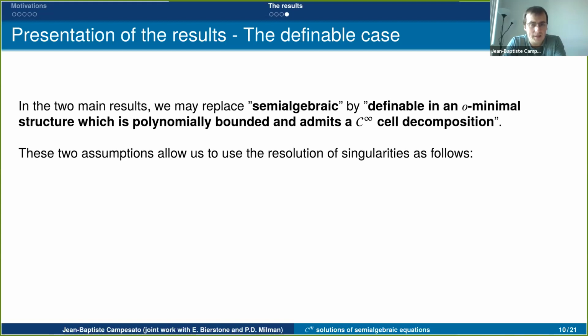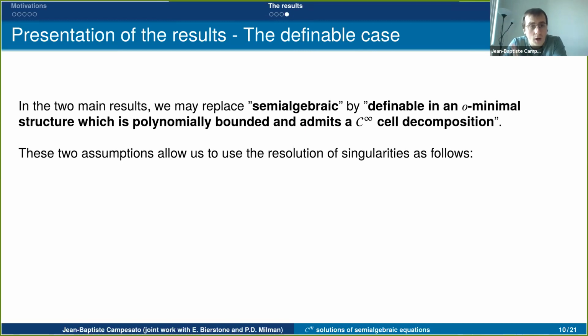So in the statements and in the proofs, you can replace semi-algebraic by definable as soon as the minimal structure that we consider is polynomially bounded, so the exponential is not definable, and admits C-infinity cell decomposition. The reason why we need these two assumptions is to be able to use resolution of singularities to get this phi that I obtained two slides ago.